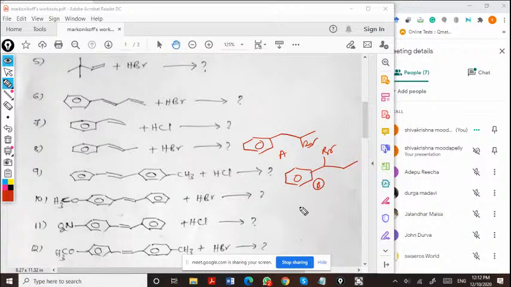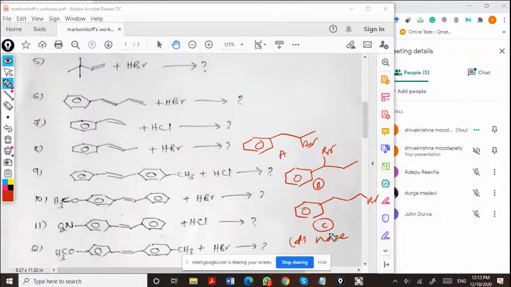This is B. This is C. D is none. Which is the major product?